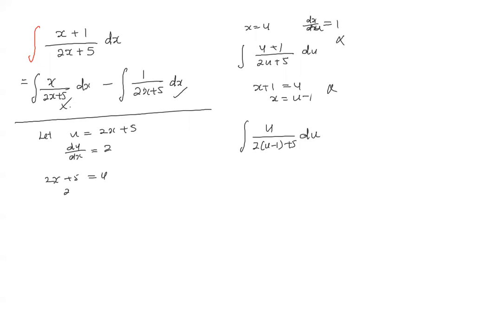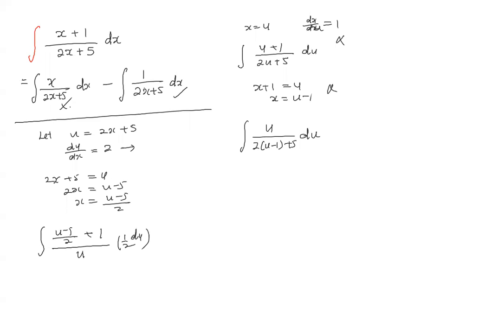So my 2x is equal to u minus 5, x equal to u minus 5 divided by 2. So now I put it in: u minus 5 divided by 2 plus 1, over u. Then my dx is half du.